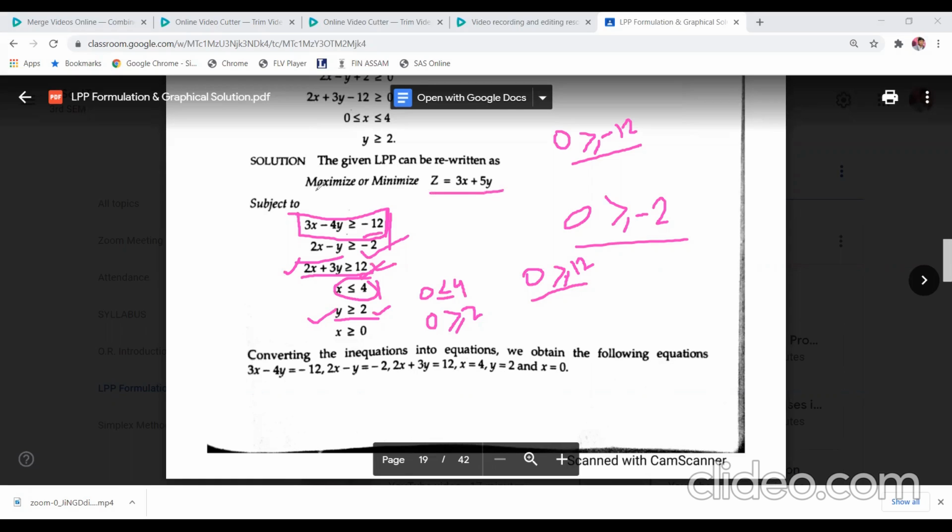Since the problem may be of maximization or minimization, check accordingly. If the problem is of maximization, find the values of x and y for which the value of z will be maximum. That will solve our purpose. And if the problem is of minimization, find the values of x and y for which the value of z will be minimum.